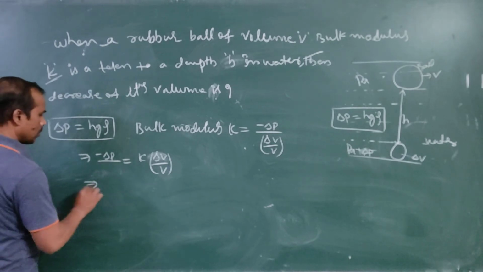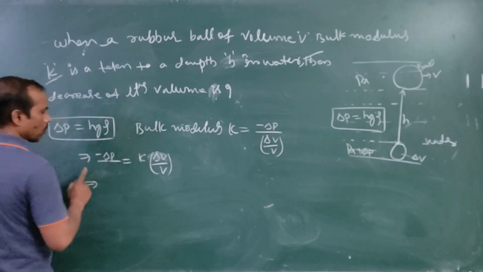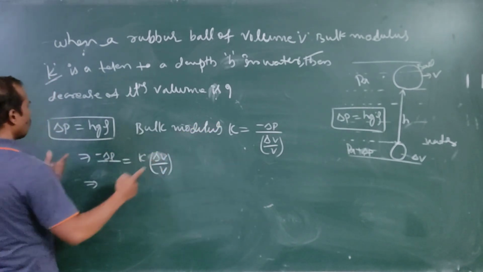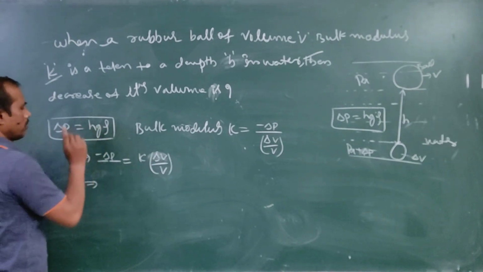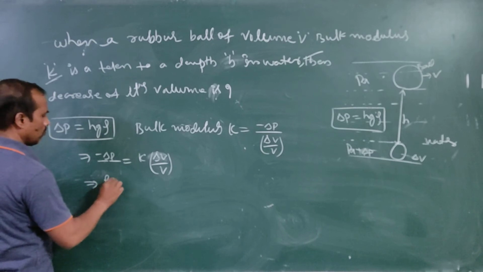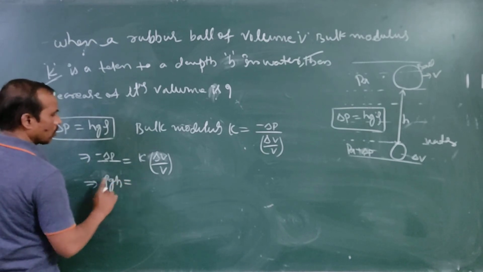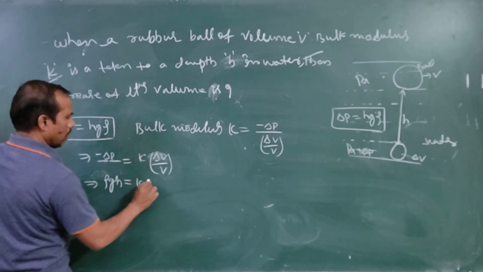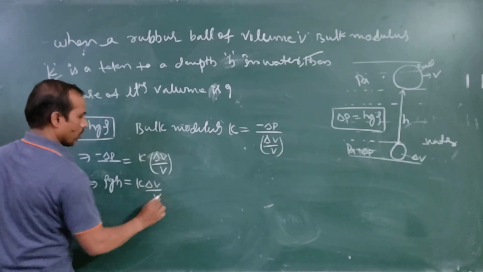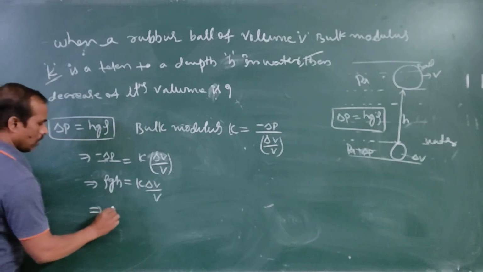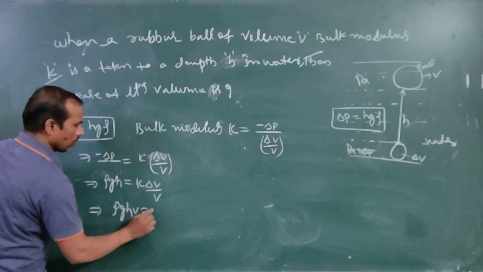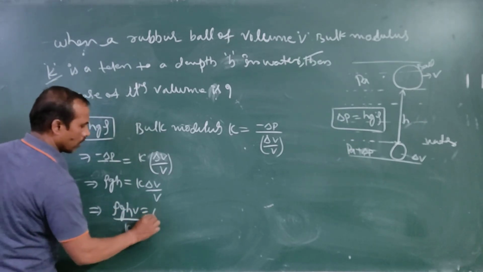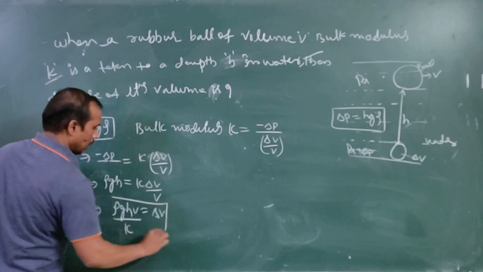So delta P equals rho g h, and rho g h is equal to K delta V by V. Simplifying, rho g h V by K is equal to delta V. This is delta V.